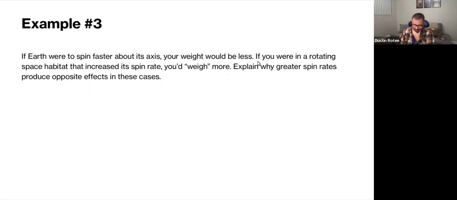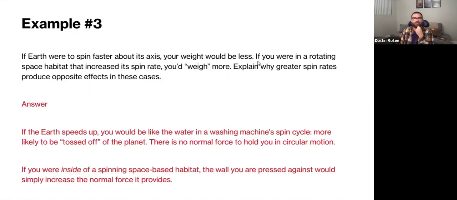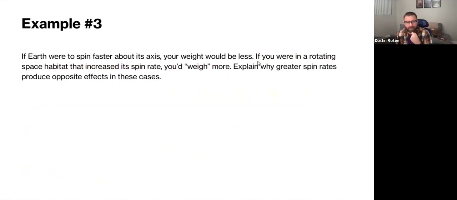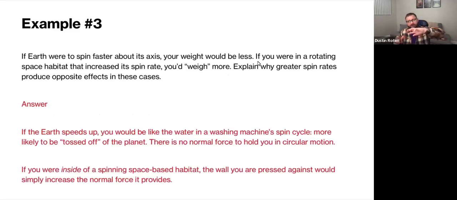So let's take a look at an example and then we'll call it. So if Earth were to spin faster about its axis, your weight would be less. But if you were rotating in a space habitat and it started spinning faster, you would weigh more. So why do we have these different opposite things going on? So essentially, if the Earth speeds up, you would kind of be like the water in the washing machine example.